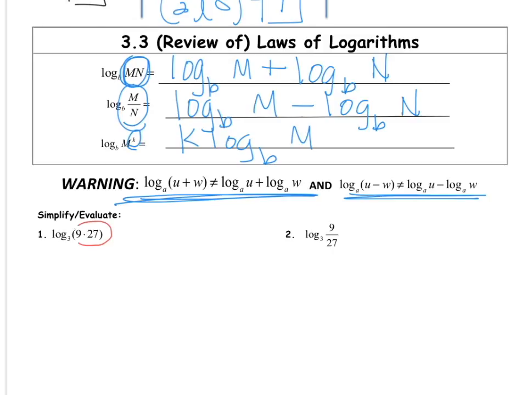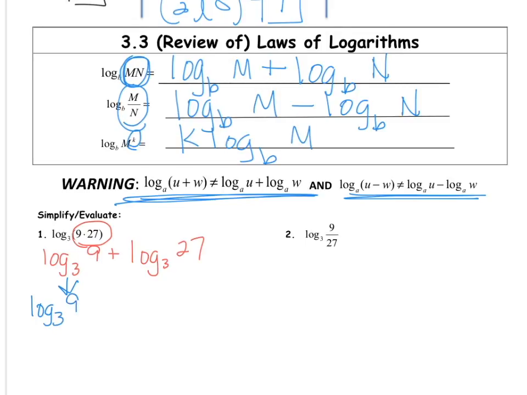In this first one, I don't really want to have to multiply out 9 times 27 because this is on the non-calculator section. So the best way to do this is, it's being multiplied, so you can separate it into addition. Log base 3 of 9 plus log base 3 of 27. You might be able to look at this and know what the log base 3 of 9 is. If not, you just do it like we've learned.